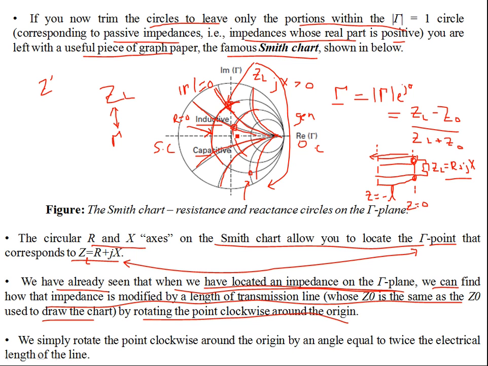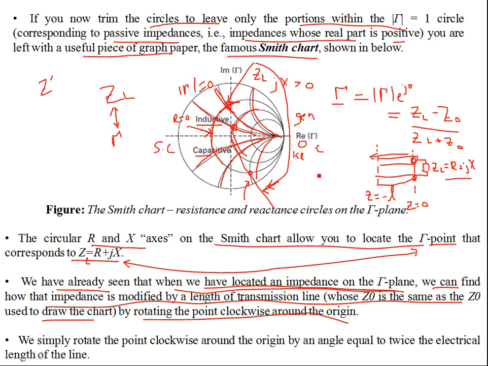From the center you draw a line like this, and from this point you will know the electrical length. You need to find how much kl in degrees, how much phase shift, to go from 0 to a small l, down the line towards the generator side.